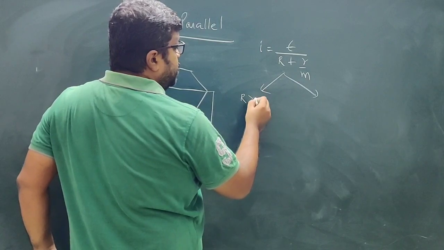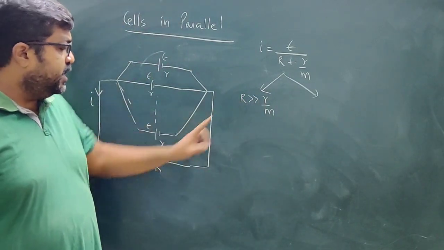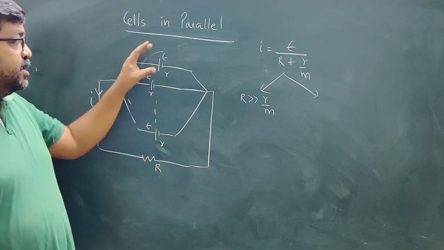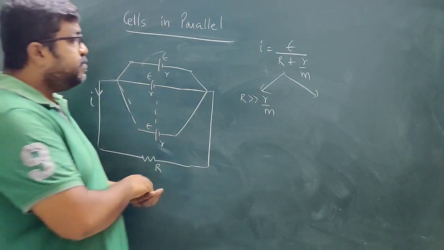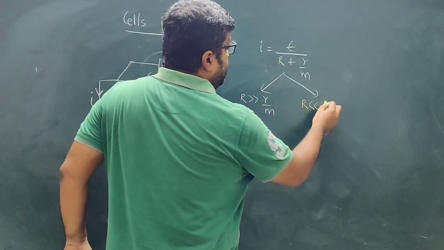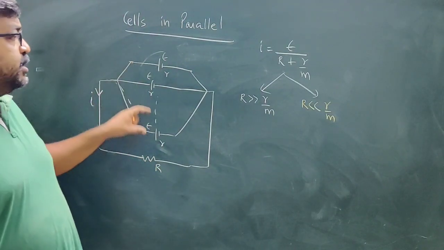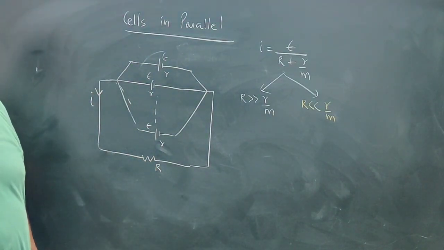When R is much greater than R by M, this means external resistance is much greater than the total internal resistance. And the other extremity is R much smaller than R by M, that is, external resistance much smaller than the total internal resistance.